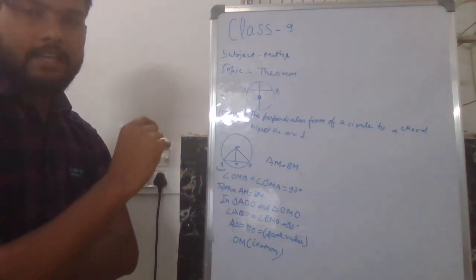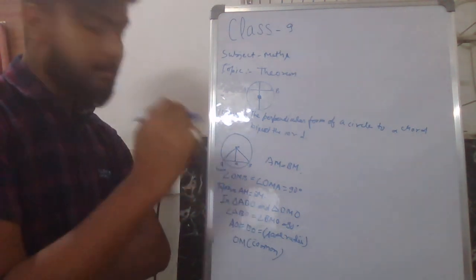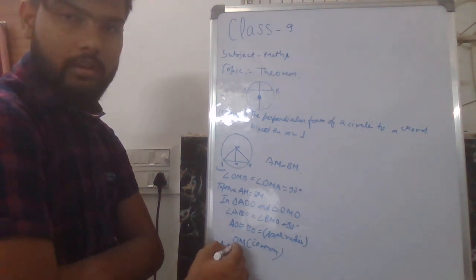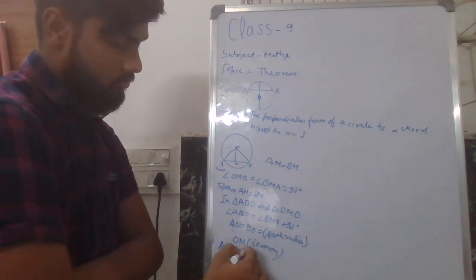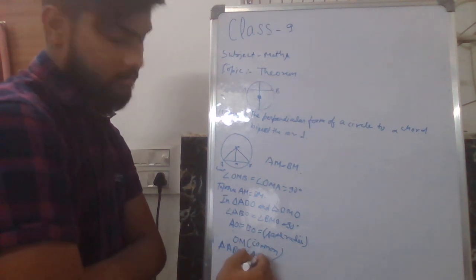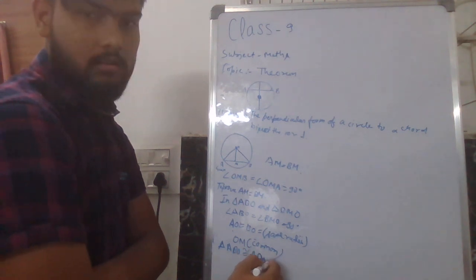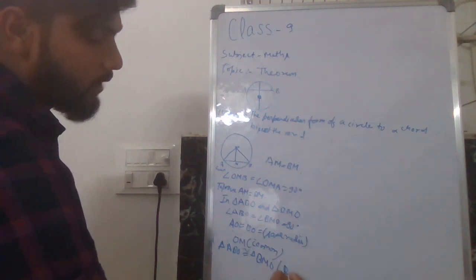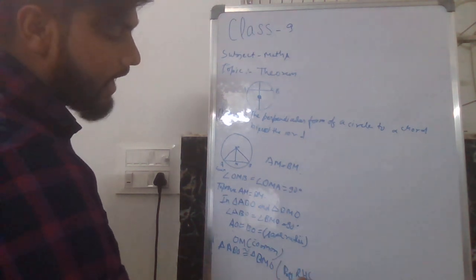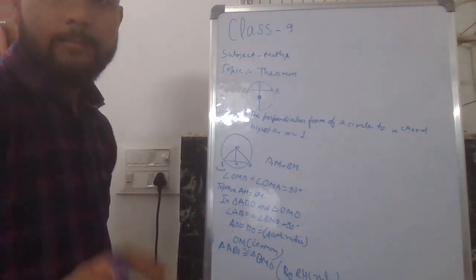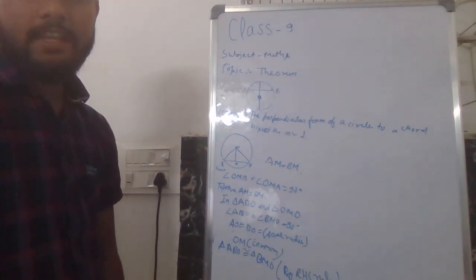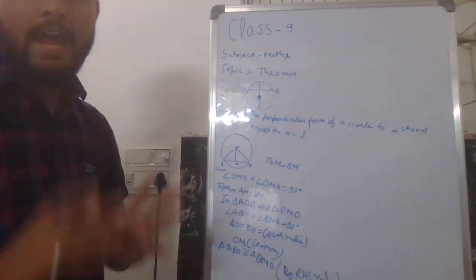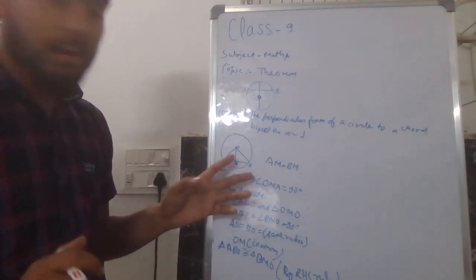So triangle ABO and triangle BMO are congruent by the RHS rule. So here we can see that the theorem is proved, and the two triangles are congruent.